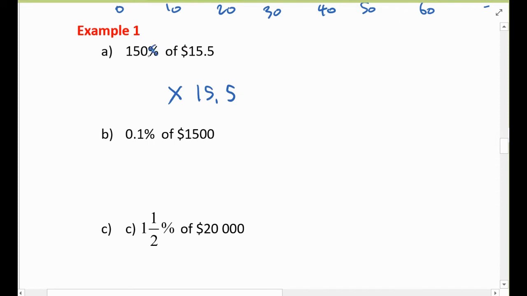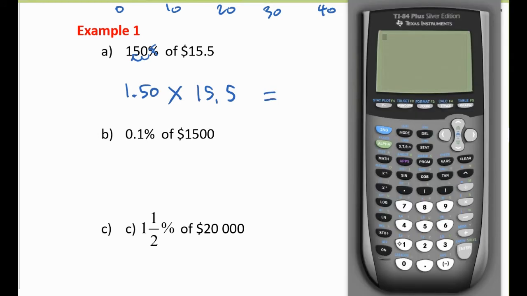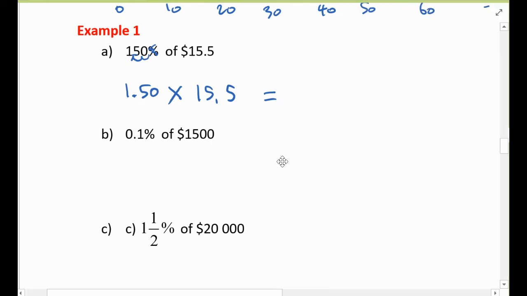Remove the percent and move the decimal like this. So 1.50 times 15.5. Put this into your calculator. 1.50 times 15.5. The answer is 23.25.